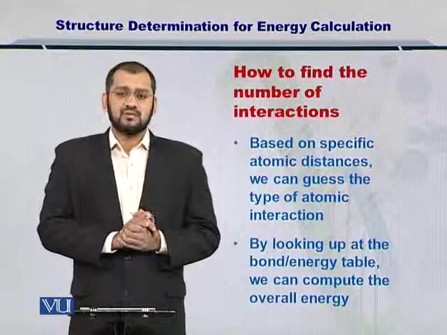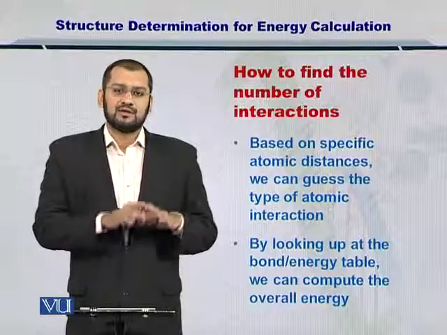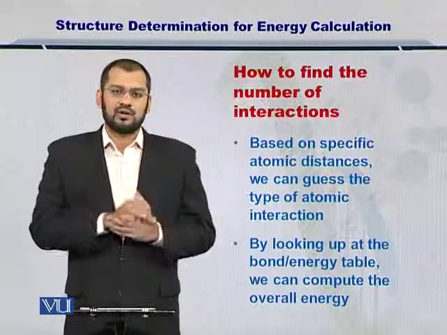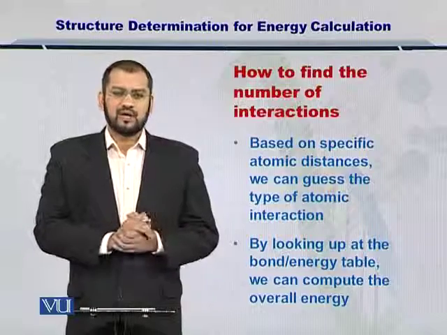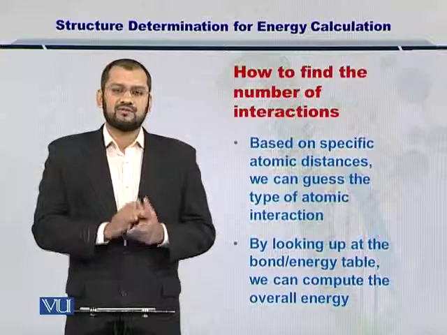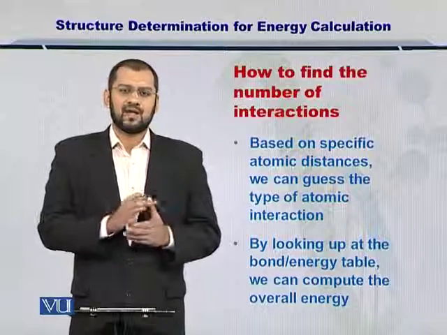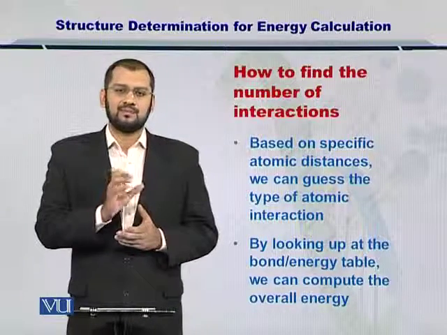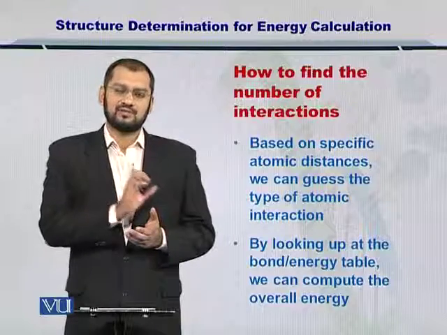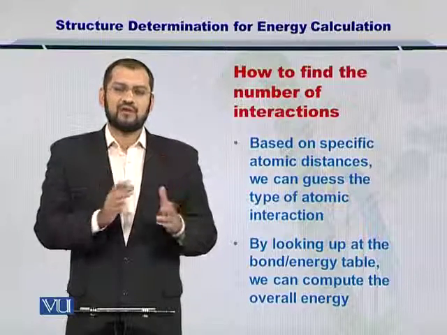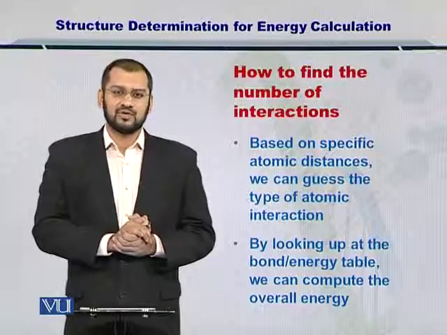As I mentioned to you, you can look at the energy table and the bond length table that I will just show you again, and then you can sum up all the values in the table, multiply them by the number of atom pairs that are having that specific interaction, and you can have an overall estimation of the protein energy.